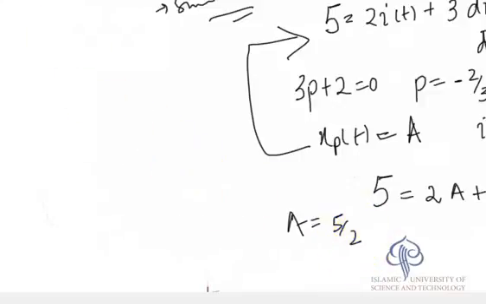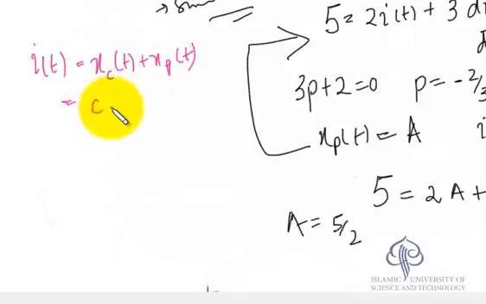So your solution is going to be the complementary function plus the particular integral, which is c e to the power minus 2 by 3 t plus a, which is 5 by 2.